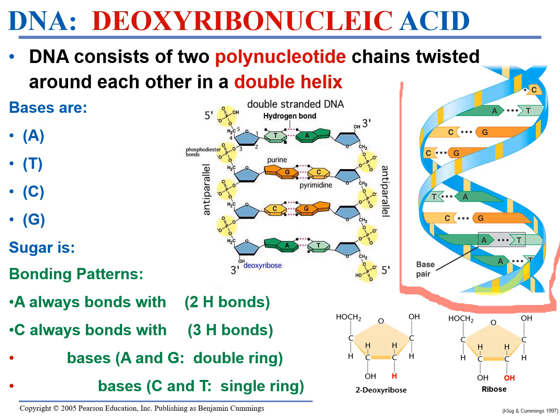I'm going to do that in a darker blue so that you could see it. So this is one of my polynucleotide chains, and then this is my other polynucleotide chain, and these two combine to create a double helix.